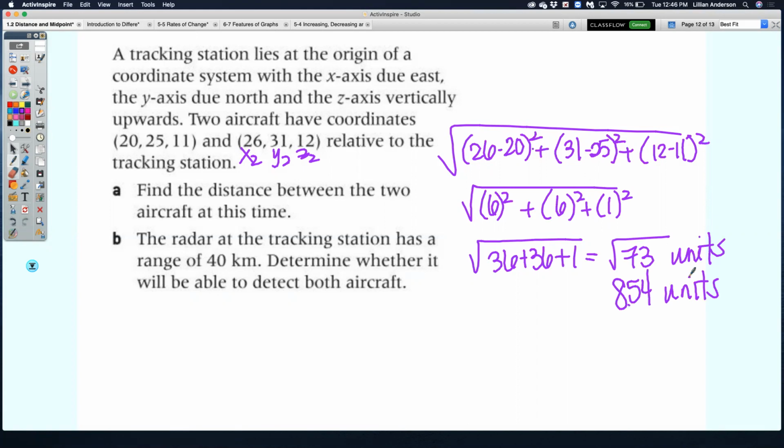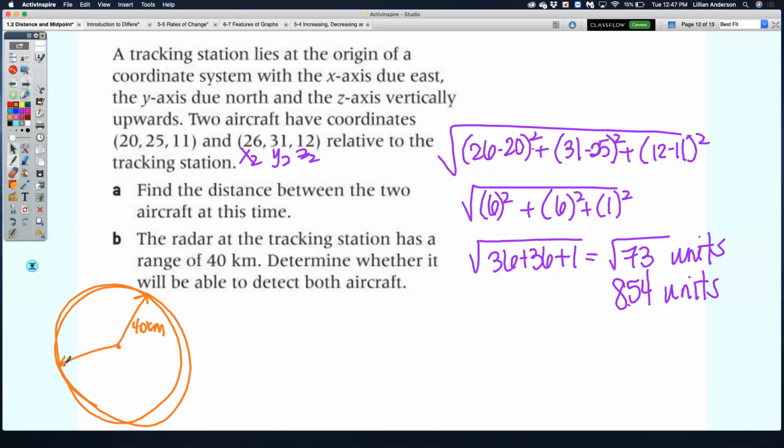Now part B says that the radar at a tracking station has a range of 40 kilometers. Determine whether it will be able to detect both aircrafts. Radar is used by air traffic controllers and towers, or even down in ships and submarines and things like that. It's basically a machine that has its location in the center and can go out 40 kilometers.